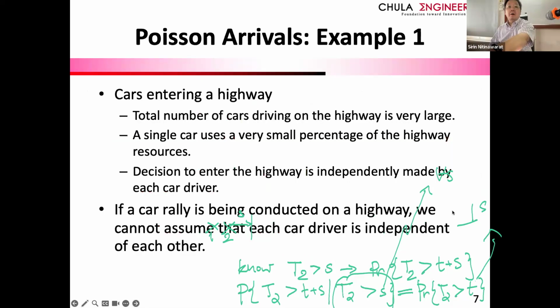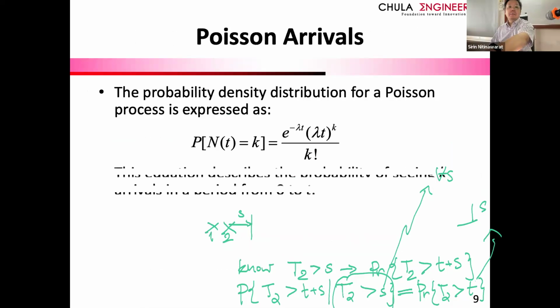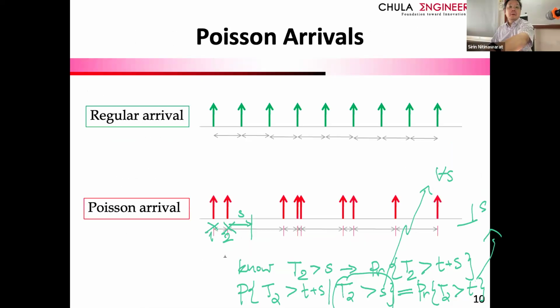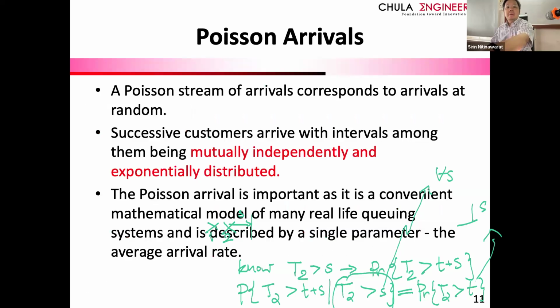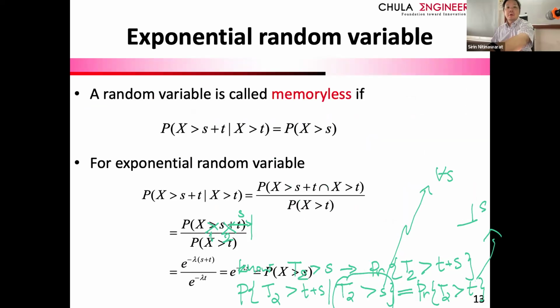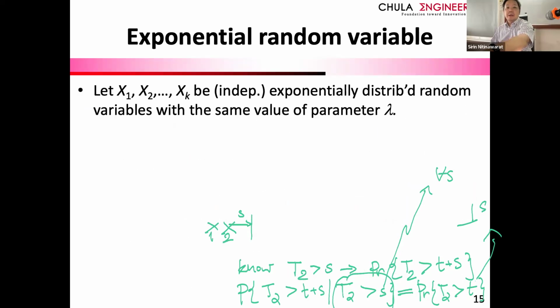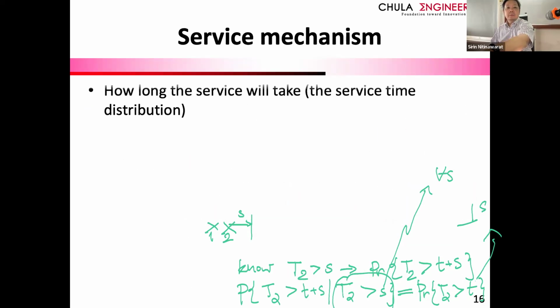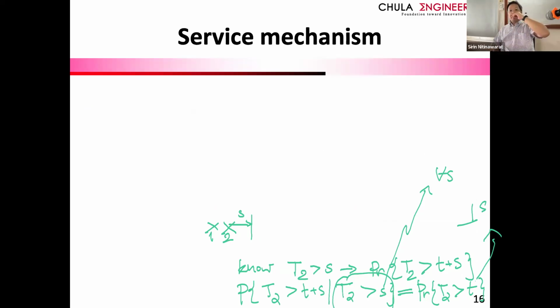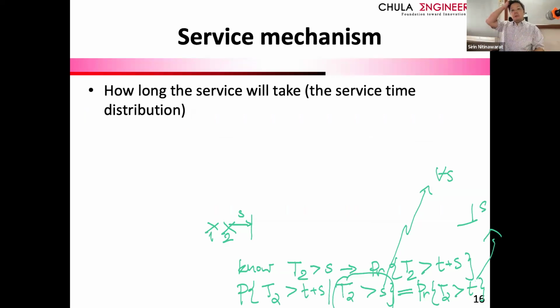That is what we call the service mechanism. This is about how an individual customer is being serviced. Basically, you can completely describe it by finding the distribution of the so-called service time.